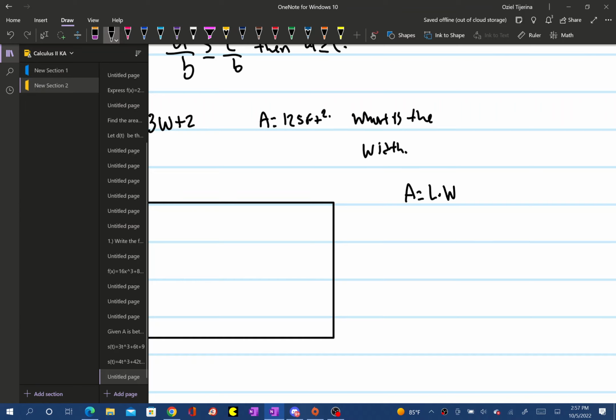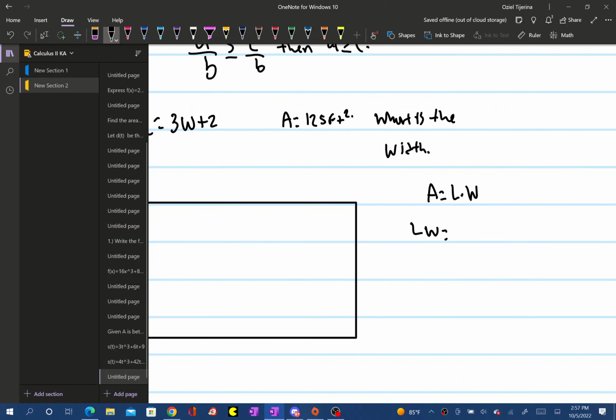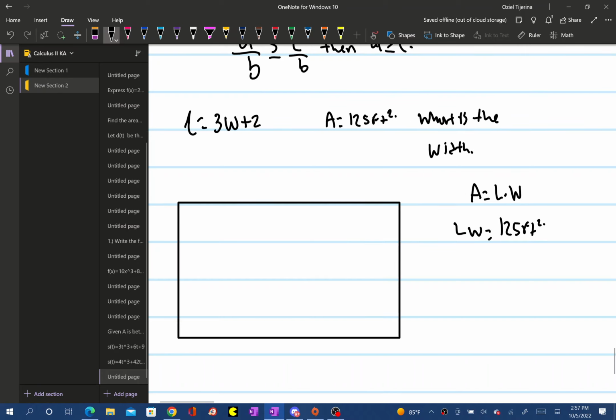In a rectangle, it's length times width. So LW is 125 feet squared. And we also know that L is equal to 3W plus 2.